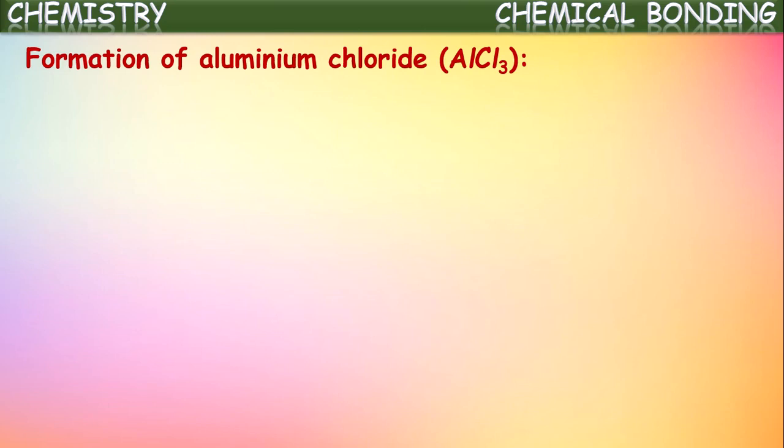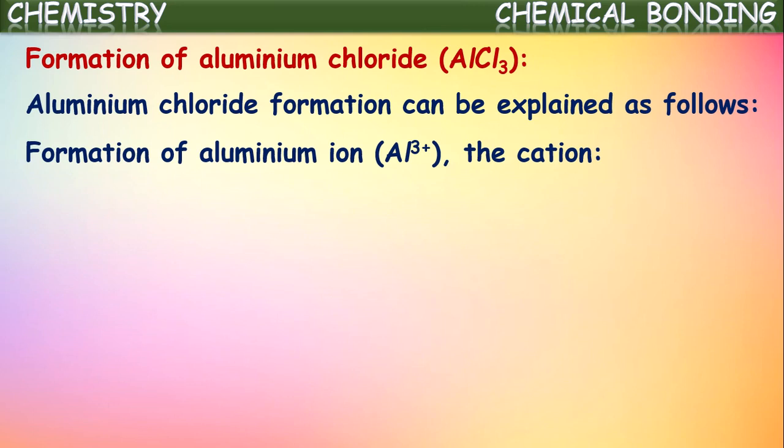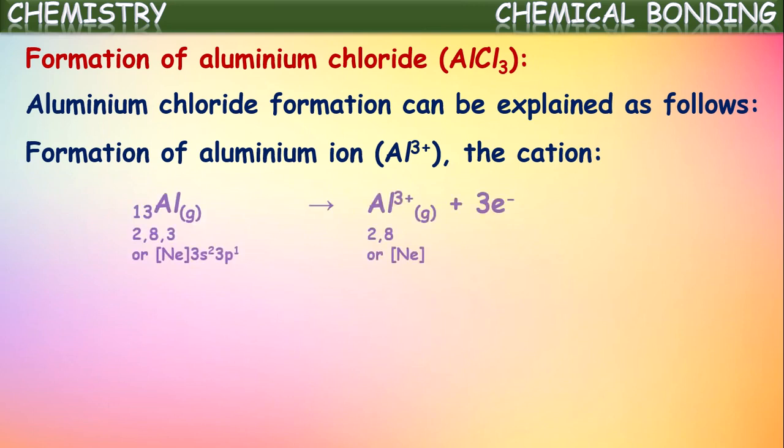Okay, let us see one more example. Formation of aluminium chloride. In this, first observe the formation of the aluminium ion, that is the metallic ion. Aluminium's configuration is 2, 8, 3, meaning it has 3 valence electrons in the outermost shell. So it is not a stable configuration.